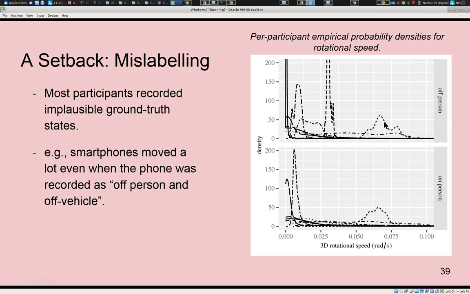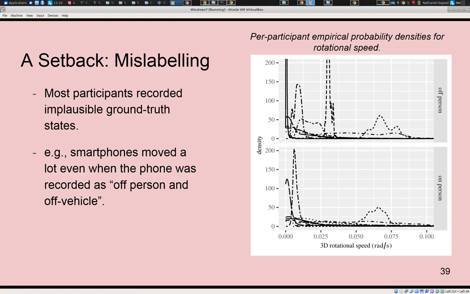And you were seeing that some participants essentially were labeling as off-person data where this phone was being moved around an awful lot. Now, how that occurs off-person, if they're not engaged in setting their phone up in a rocket or having it carried in an autonomous vehicle away from a human carrying it or something, it looked very suspect.